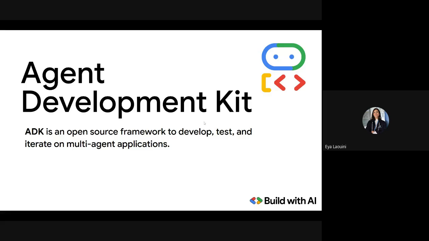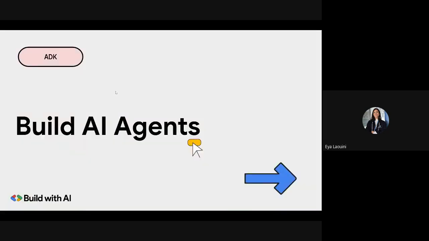So please feel free if you have any questions. Okay, so to build an AI agent, we want to use the Agent Development Kit, or the ADK. So, by the way, have you used the ADK before, or do you have any info about ADK? Yes, let's interact a bit together.